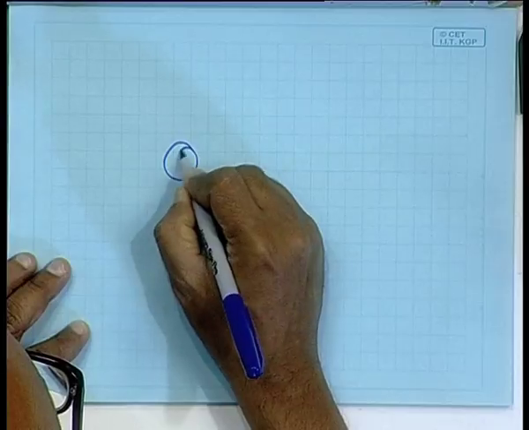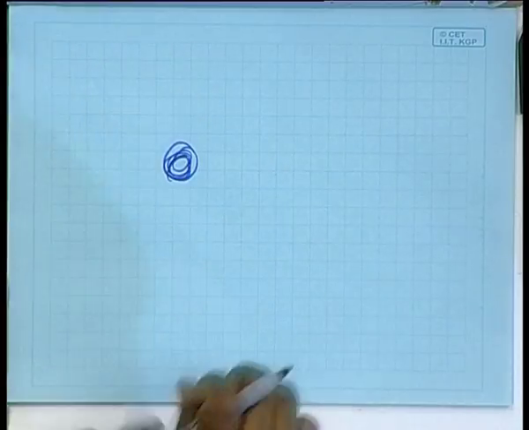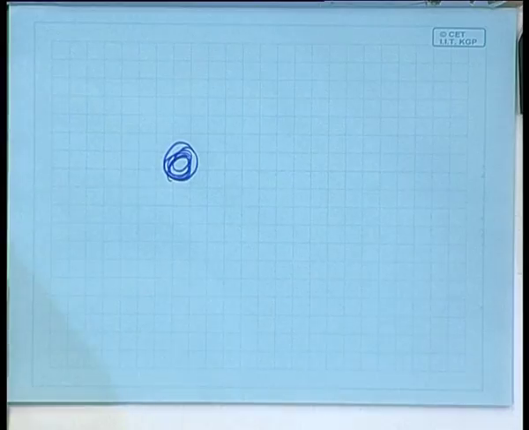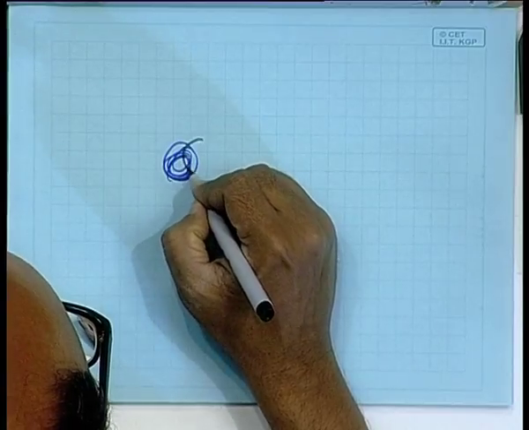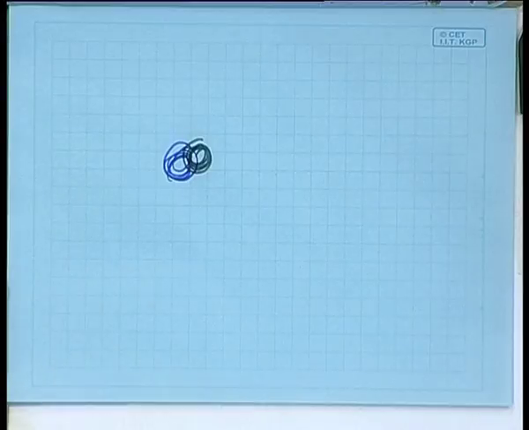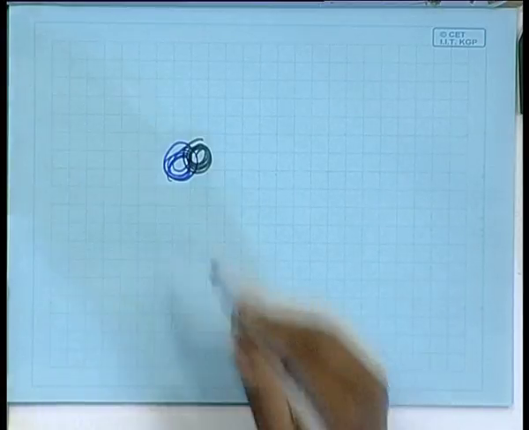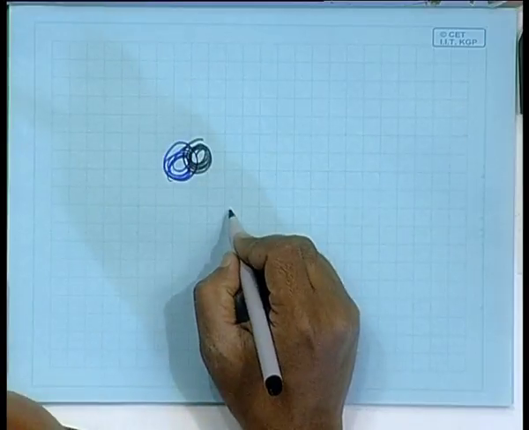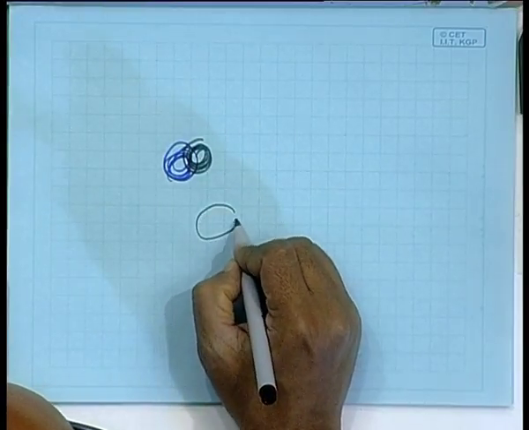Now, suppose I had two stars in the sky which are very close. One star is going to produce a central bright spot like this, and the other star is also going to produce its own central bright spot. The other fringes would also be there, but if the two bright spots overlap, I cannot say that there are actually two stars, because what I would see will be some big blob like this.